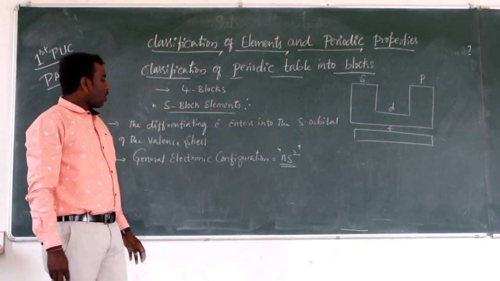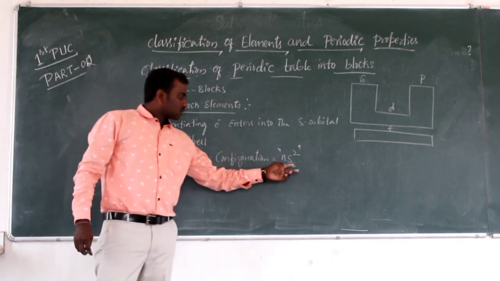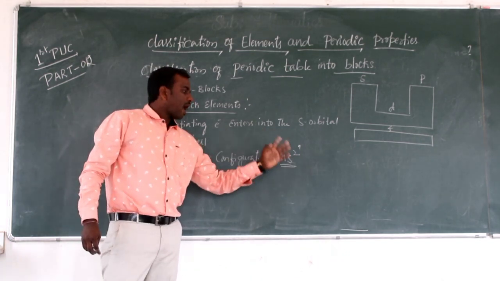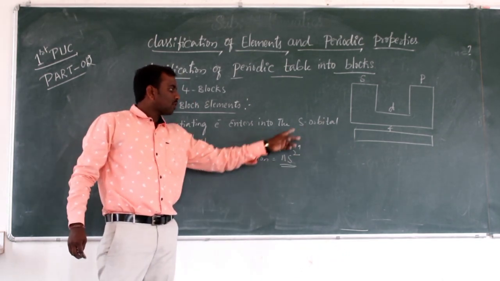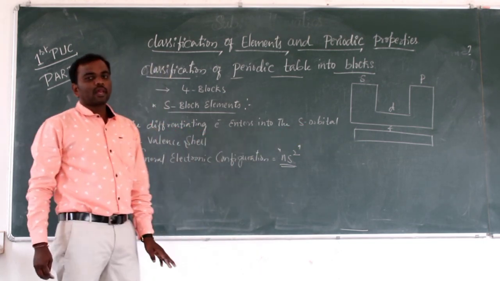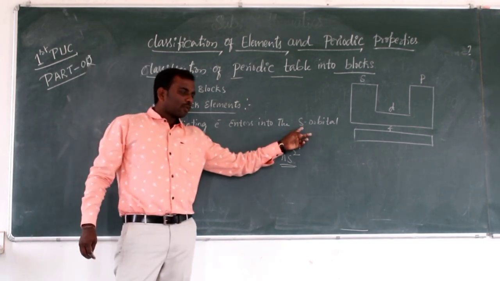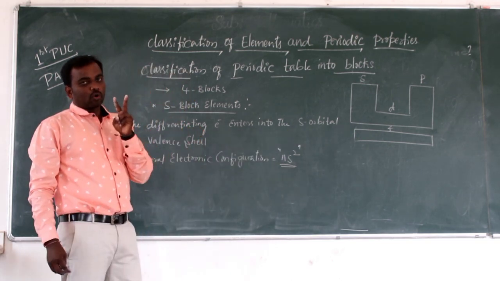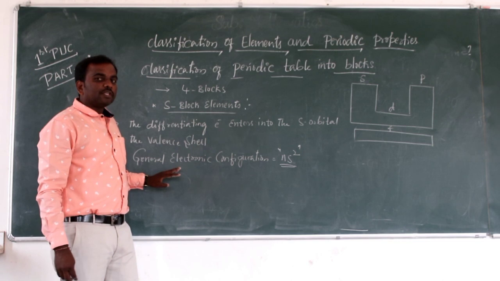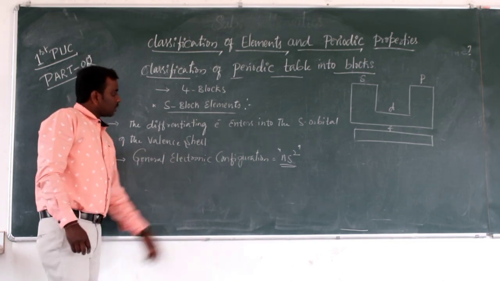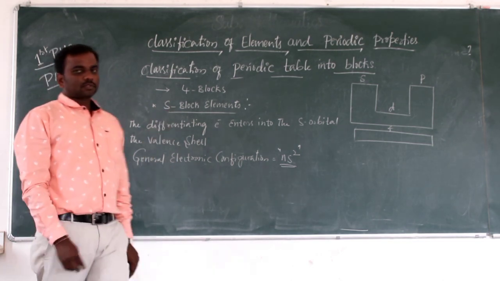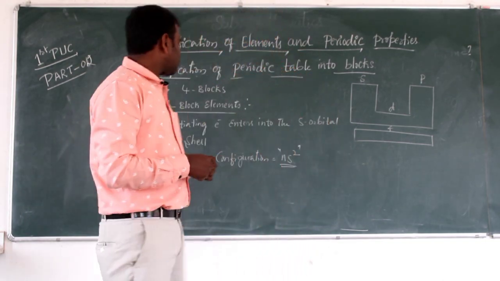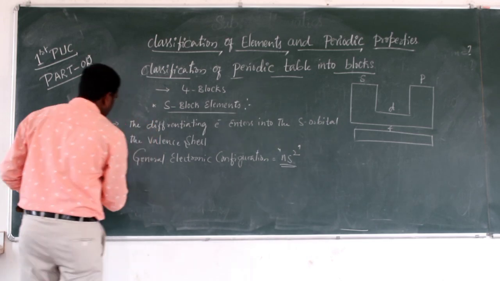Is it clear? Okay, see here, this ns2 is the outermost shell electron in the S orbital, which contains a maximum of 2 electrons. Again, further, these S-group elements we can classify into two groups.